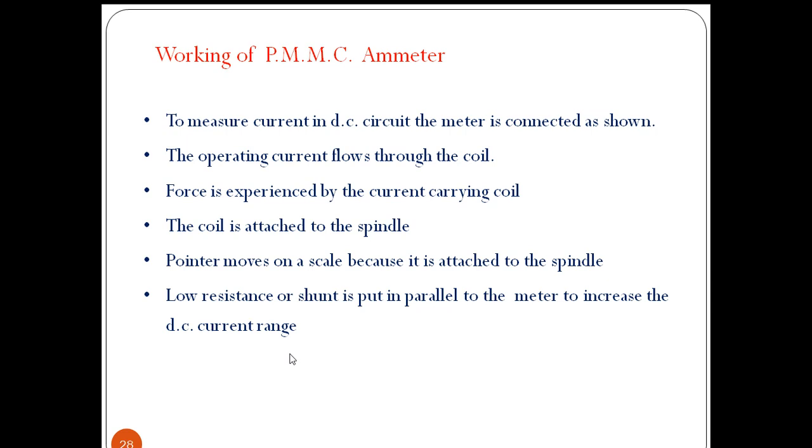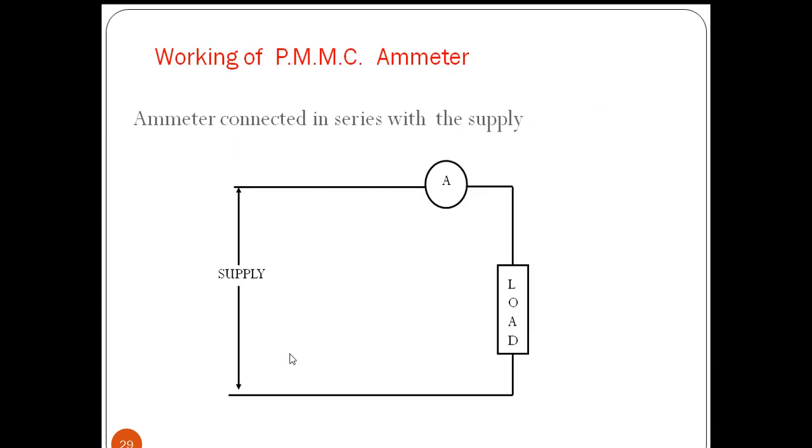The low resistance or shunt is put in parallel to the meter to increase the current range. Now we will see how we increase the range. So this is the load. For this, the meter will be connected in series. This load will be energized from the supply.